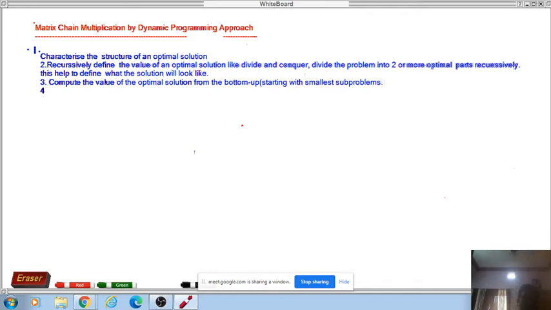Fourth, construct the optimal solution for the entire problem from the computed value of smaller subproblems.